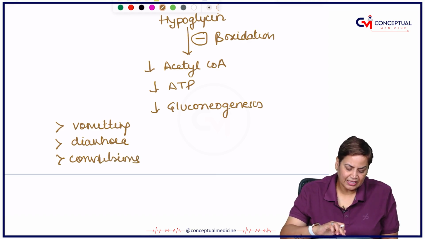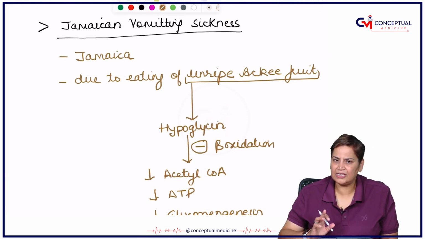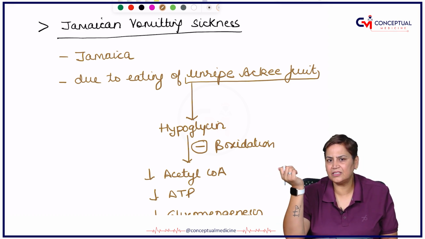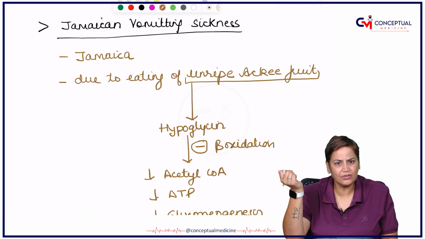Okay, so these are the 4 main disorders which are associated with the oxidation of fatty acids. One is MCAD deficiency, which will lead to sudden infant death syndrome. Then is Zellweger syndrome, which is also known as cerebrohepatorenal syndrome.